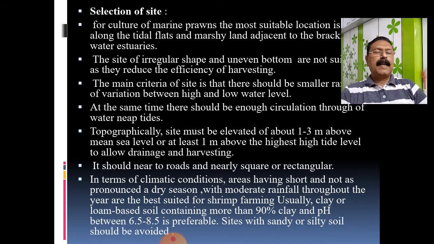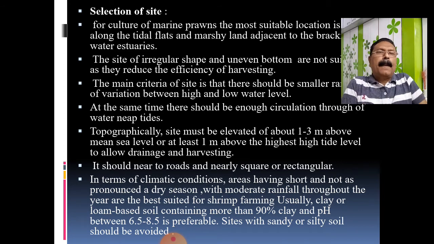In prawn farming, loam based soil is found to be suitable. That means clay or loam based soil containing near about 90% clay is suitable for the culture, and pH also plays an important role to maintain the health of that water pond, the health of the site, the health of the prawn ponds.